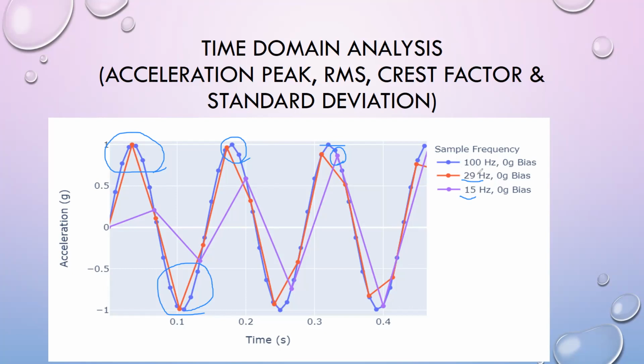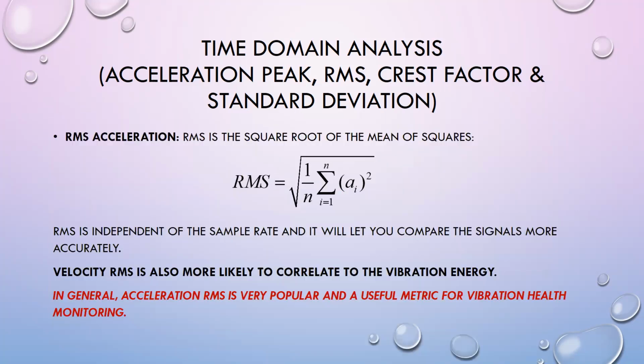If you do the analysis with this sample frequency, you will have a good and acceptable accuracy, but we can still miss some data which, according to our application, maybe is not very important. So the sample frequency is very important, and we should consider it in our time domain analysis.